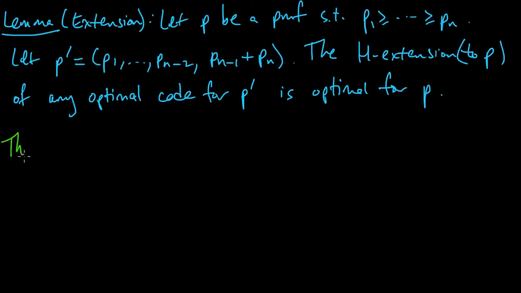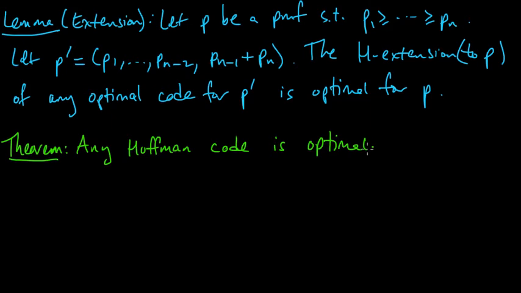So now we have the theorem. At long last, we get to state our main theorem, which is that any Huffman code is optimal, in the sense of having minimal expected code word length. So let's do the proof. It's going to be a proof by induction, and let's define the following statement, which I'm going to call star k.